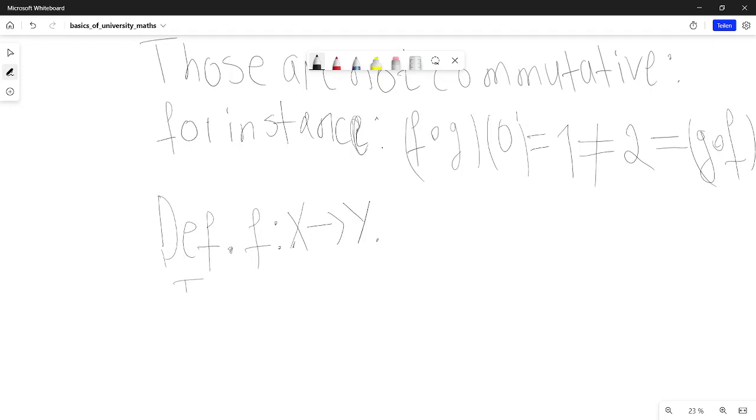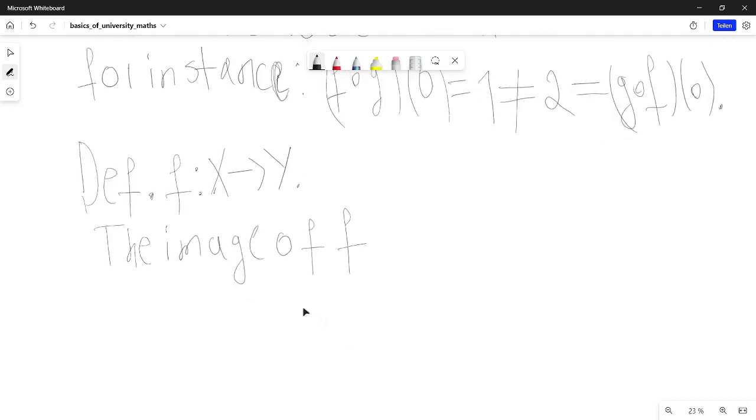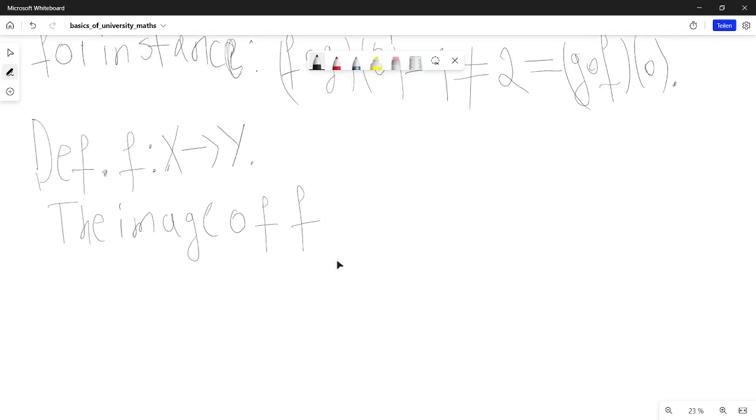The image of F, denoted in a self-suggestive way, let's do it differently. Let's do it more generally.